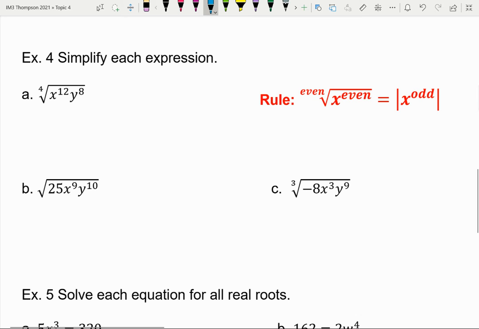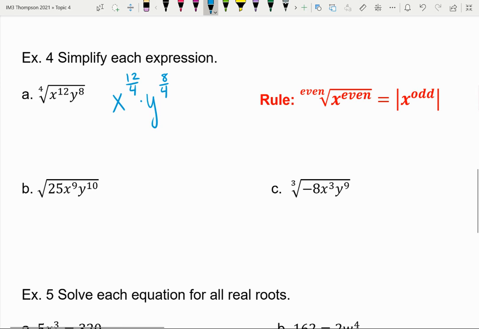So I'm looking for the 4th root of x to the 12th, y to the 8th. Sometimes it's easier to write it in exponent form to see what I need to do. So I'm going to go slow here. I'm just going to rewrite it in exponent form. That would be x to the 12/4 times y to the 8/4.